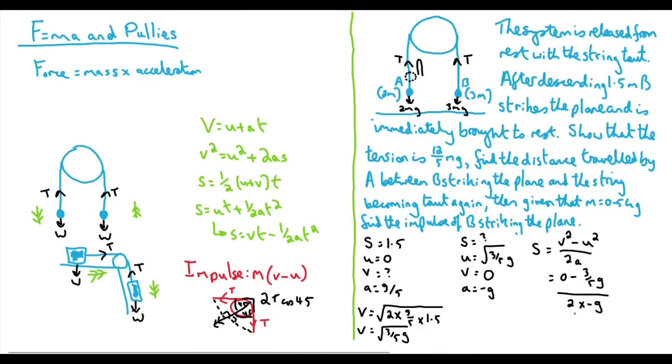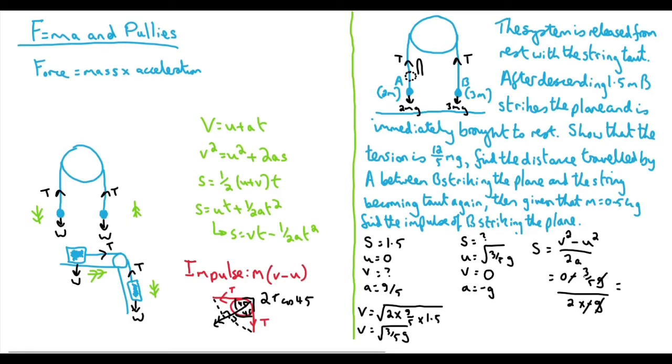What ends up happening here is that the g's are going to cancel the minuses, leaving you with just 3/5 divided by a further 2 to leave you with 3/10, or just 0.3 meters.